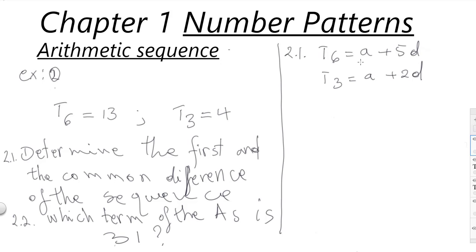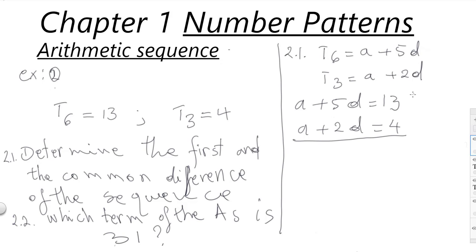Let's write this: we have a first term plus 5 common difference. Now, T6 is equal to 13. First term plus 2 common difference, T3 equal to 4.